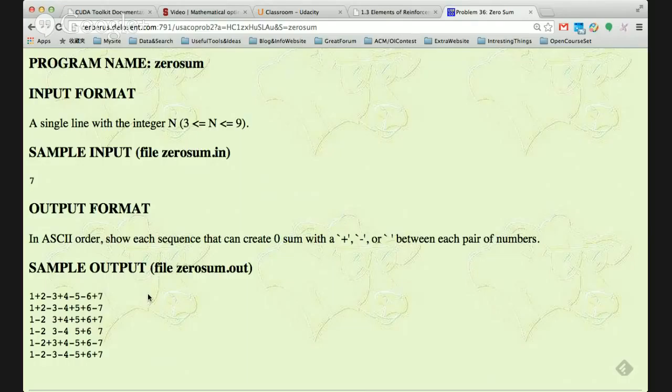Because 1, 2, 3, 4, 5, 6, 7 is already ordered, it only happens in order if you put plus, minus, and space in order, and if they are in increasing order, then your resulting solutions are also going to be.